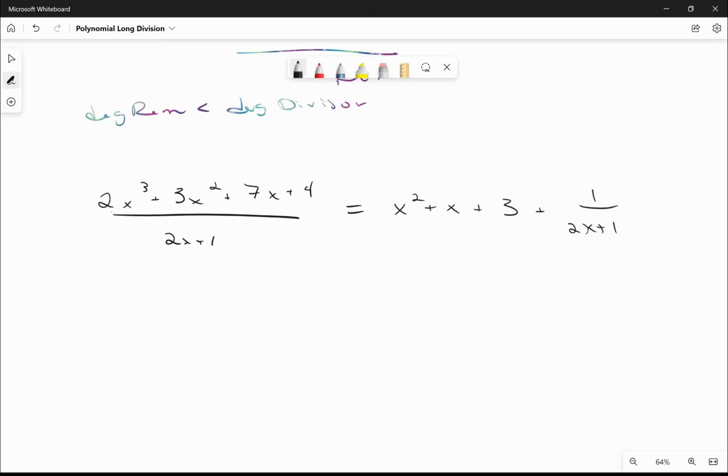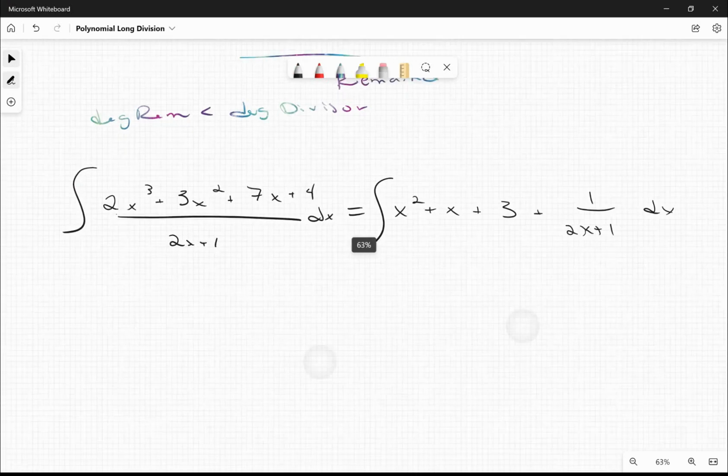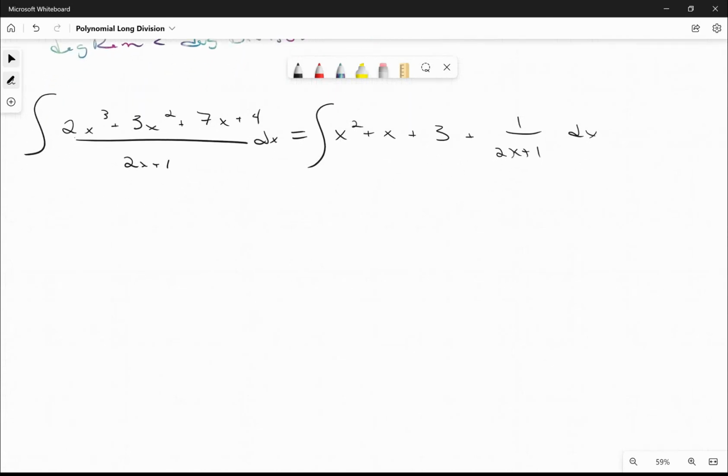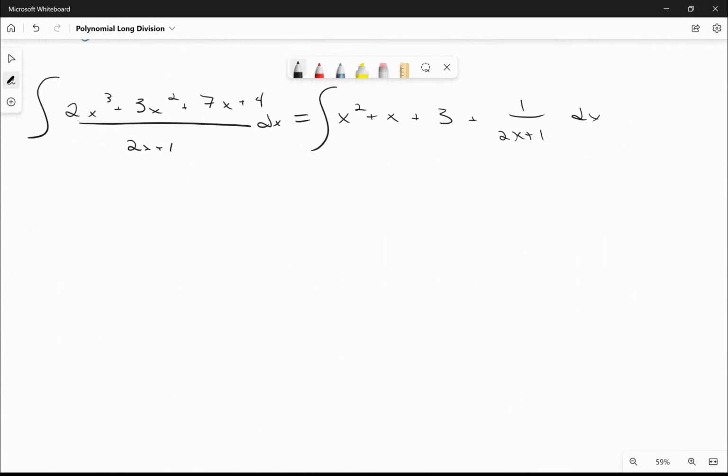And so when we integrate, this will become pretty simple. Before doing long division, I don't know of any method that we would have covered in Calc 1 that would have allowed us to compute this directly on the left side. But over here, this is just the integral of a polynomial, which should be one of the easiest things to integrate, right? Plus the integral of 1 over 2x plus 1, right? So we'll deal with that in a second.